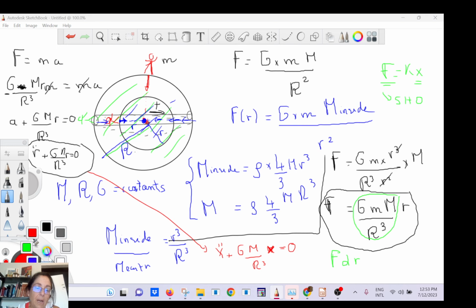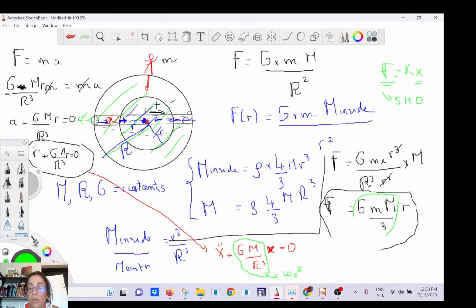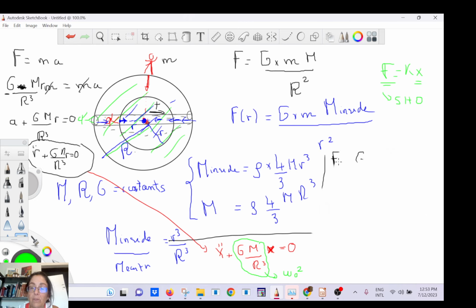So we have discussed that already. So that here, that's going to be your omega squared. So that's going to be the angular frequency. Okay? And then physics stops here and then math takes over. So you just have to take your calculator.